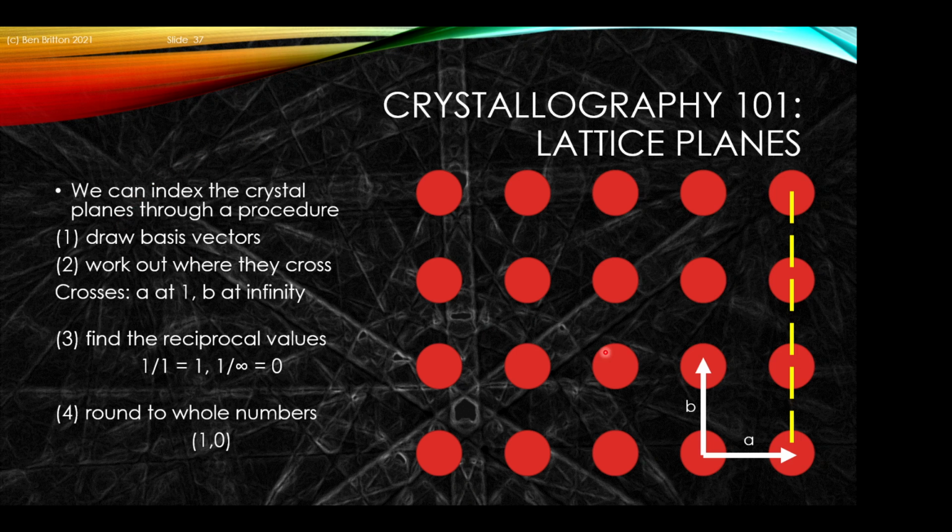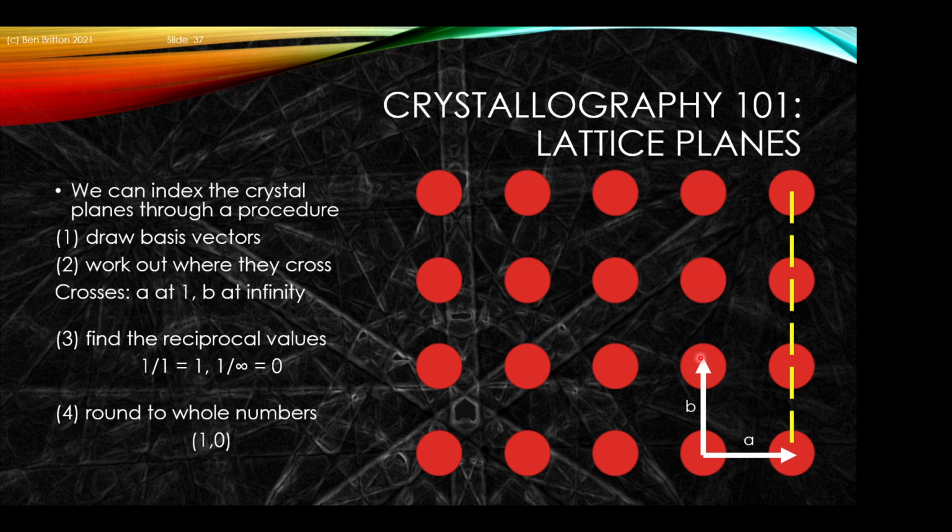Well, what I can do is draw the basis vectors. That is A and B of my fundamental unit cell. I draw the basis vectors such that the origin is not located in the plane itself. And what I can see is that this yellow plane crosses A at 1, and it does not cross B, or specifically it crosses B at infinity.